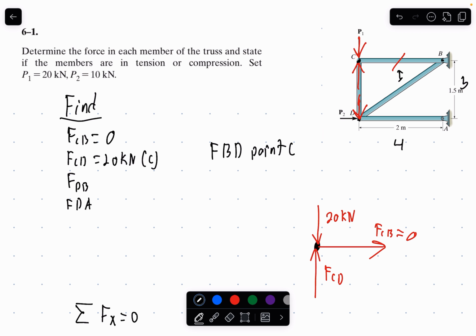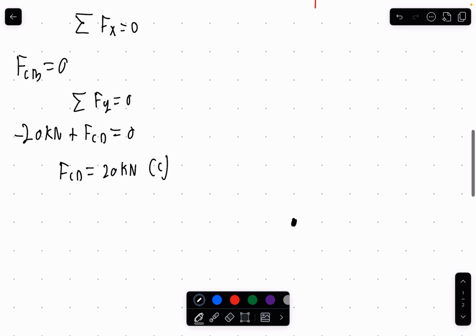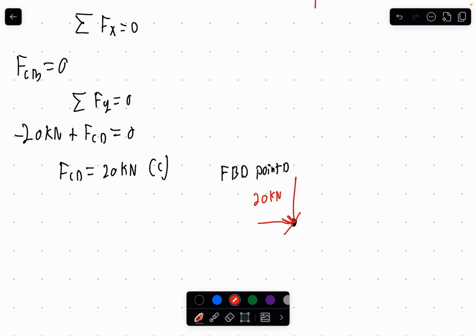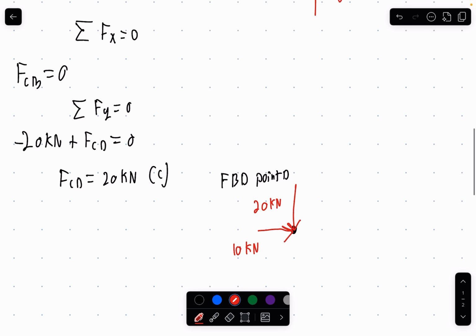Okay. So go back down to our free body diagram of point D. We know this force right here, force from member CD, will be acting down with 20 kilonewtons of magnitude. We have force from P2 right here, acting with 10 kilonewtons.